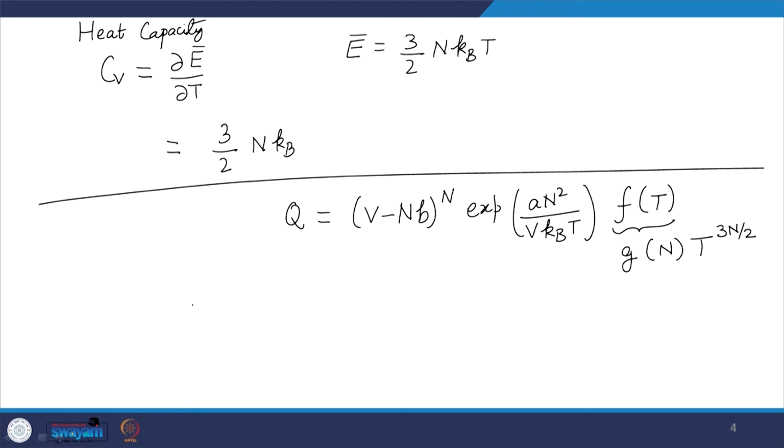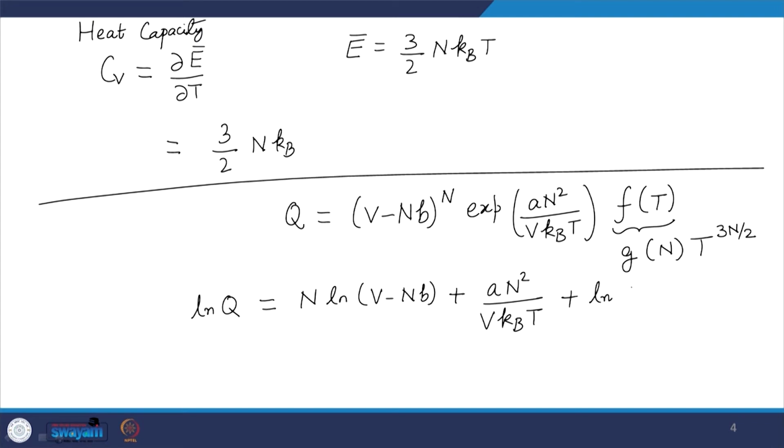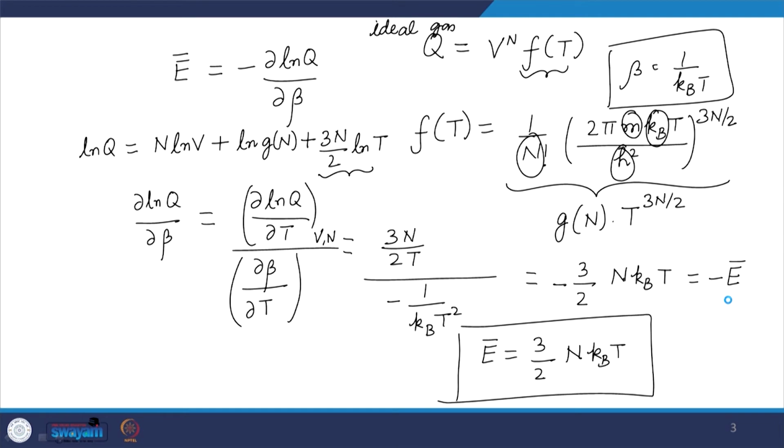So, if I do a ln Q here, what I essentially have is N ln(V minus Nb) plus a N²/(V kB T) plus ln of g plus 3N/2 ln of T, just like what we had in the earlier case.